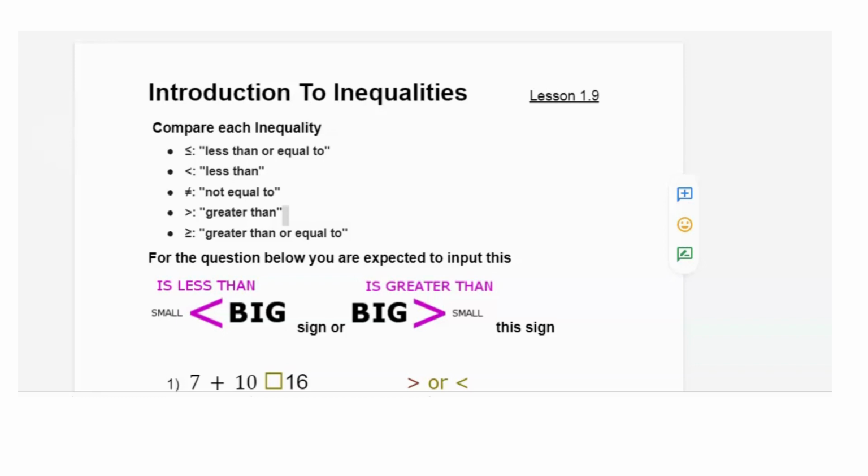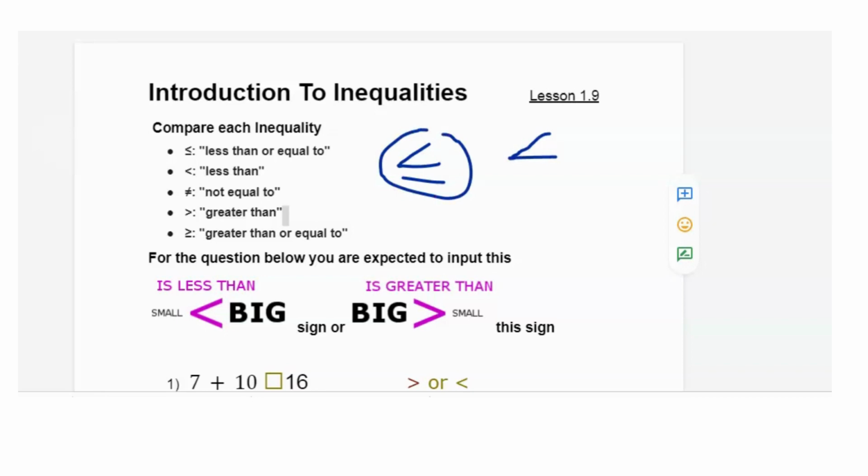So, this represents greater or equal to, less or equal to. This means equal to. So this sign, if it's not written like this, if it's only like this, it means less than.